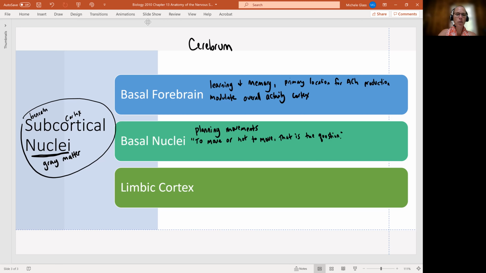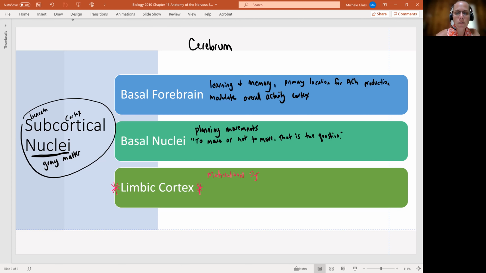The other subcortical nuclei that I do want to talk about, and here let's highlight this one in some pink color. This is the limbic cortex, or what can be described as the limbic system. This is our motivational system.